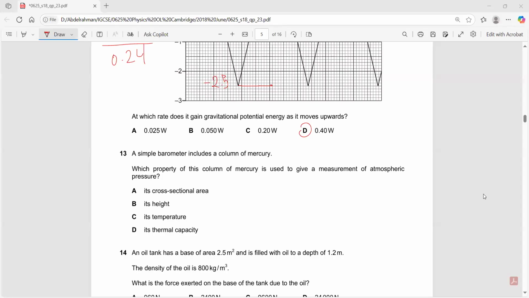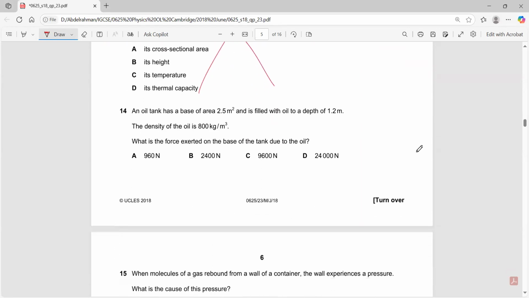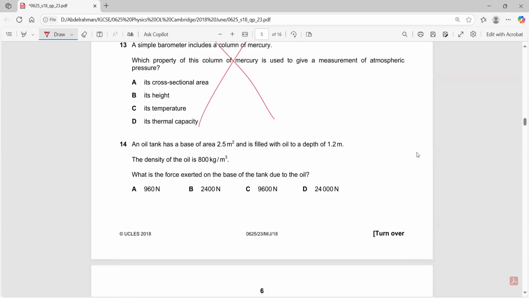Question 13 is cancelled. Parameters have been removed from the syllabus. Question 14, an oil tank has a base area of 2.5 meters, depth of 1.2 meters. The density is 800 kilograms per meter cubed. What is the force exerted? Can I find the force? Yes. You can use both equations of the pressure. Force over area would be equal to rho g h.